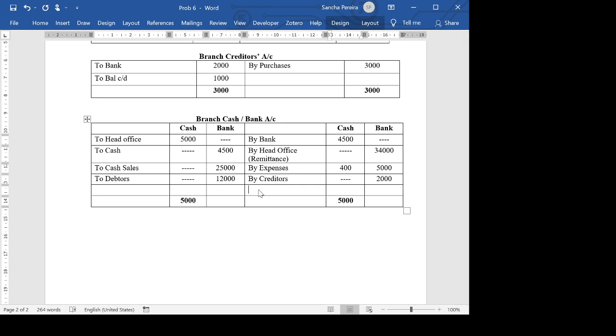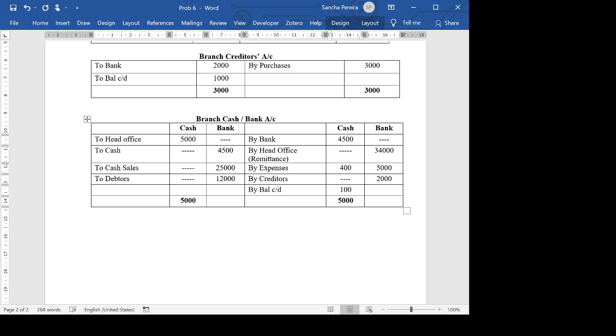By creditors, by balance carried down is going to be 5,000 minus 4,900, so it's going to be 100.